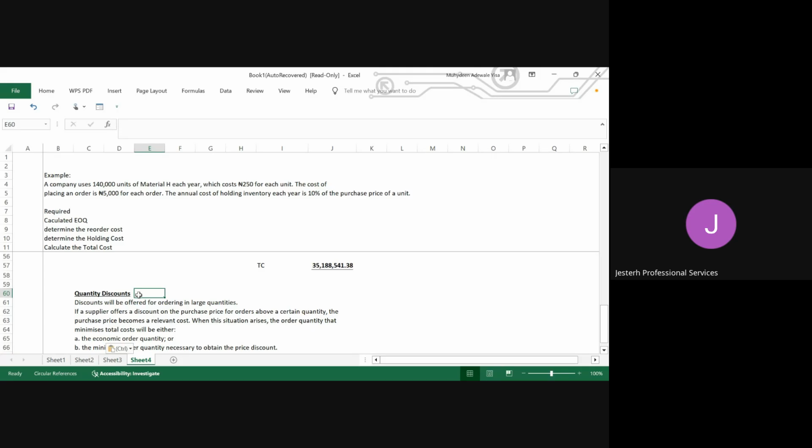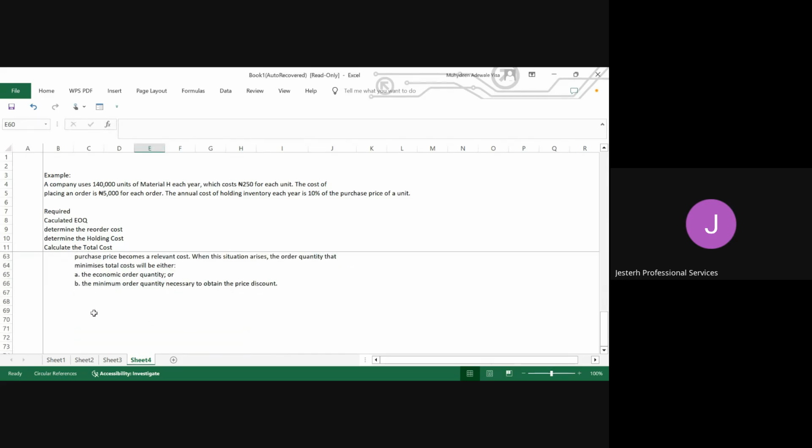To encourage them that, okay, maybe the organization structured to purchase like 5,000, and then the supplier tries to convince them that if you are able to purchase like 7,000, we are going to give you certain discounts on the 7,000 that you are going to purchase. But if you decided to purchase at the same level that you have already budgeted, you are not going to get any discount.